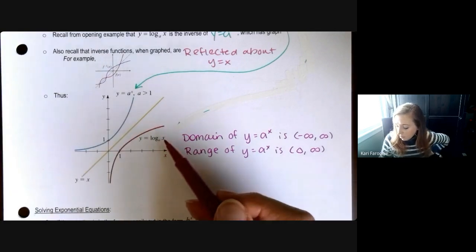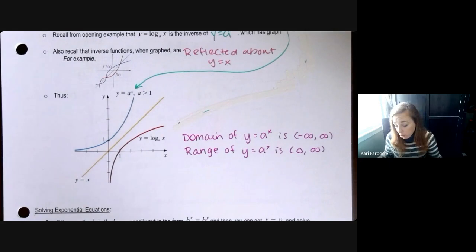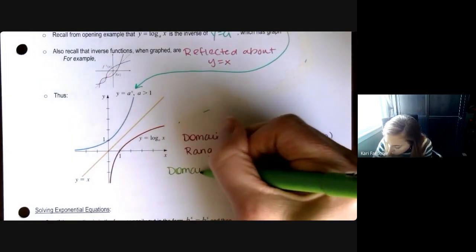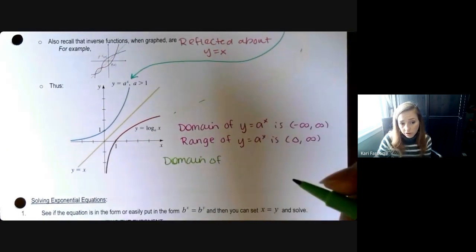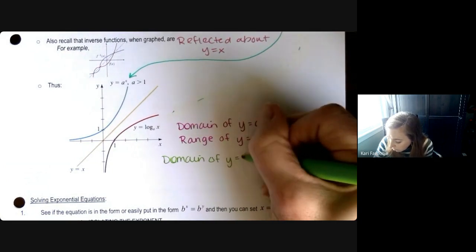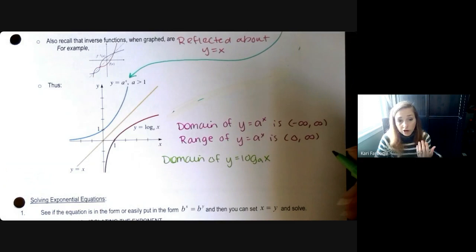As far as your log function, remember that for an inverse function, the domain and the range switch. So here, I would say that the domain, this is actually really important because this is going to matter to you as you're working on these functions in later sections. The domain of y equals the log base a of x is just trying to figure out what value of x can we possibly use.